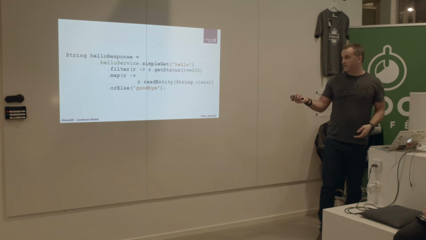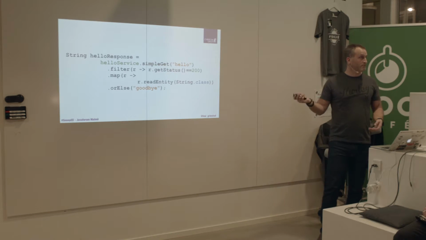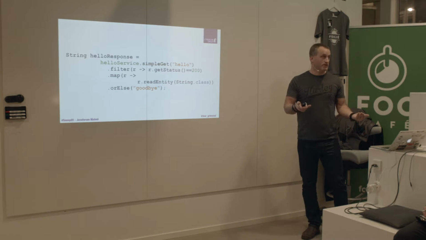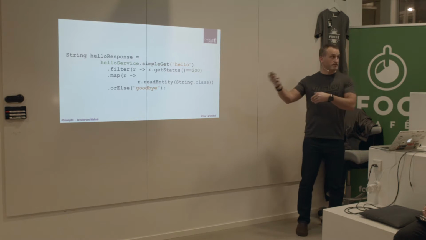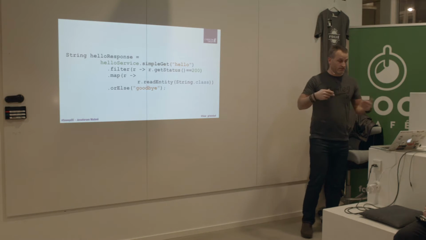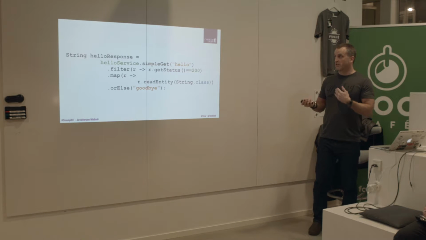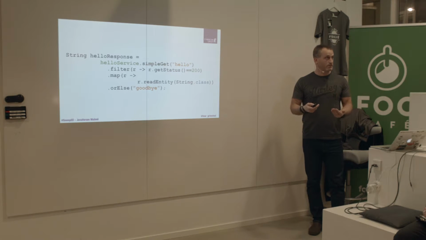If it were a JSON object, you just have the object class here, and you'd get the JSON object out. But in this case, it's a string. I get the string. If I didn't get an optional, I just write goodbye. I call the hello service. If the hello service isn't there, I get goodbye. This could be done in any way; it depends on your application. But this is more or less how you do a normal REST call anyway.